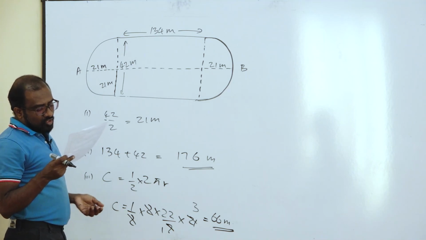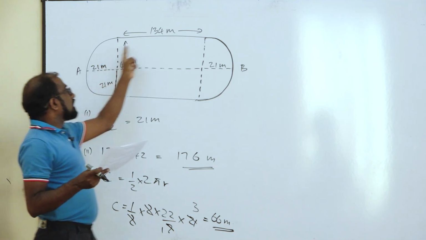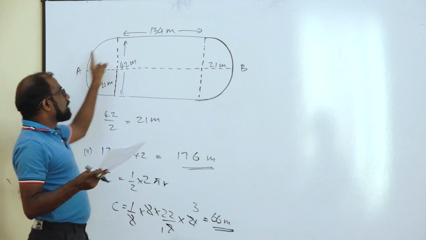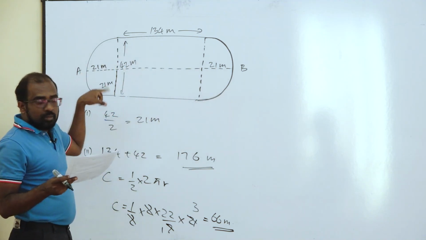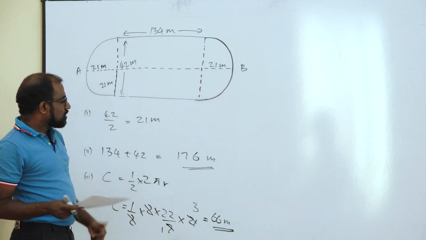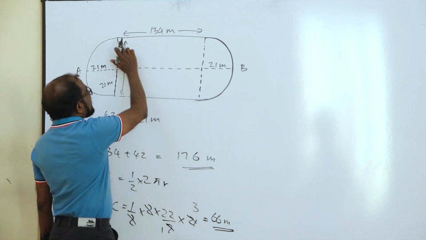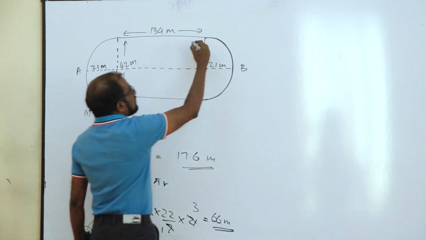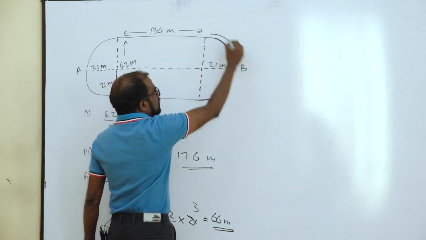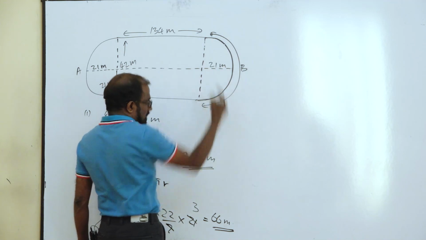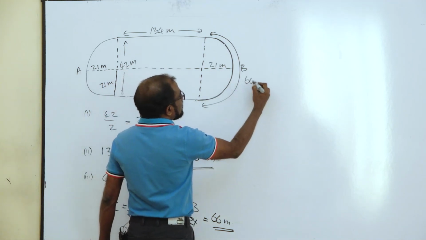Fourth one, find the total length of the running track. That is the length of the perimeter of this whole figure. Perimeter of the figure, right? So what is it? This length is 134. The circumference of the semicircular part, 66 meters.